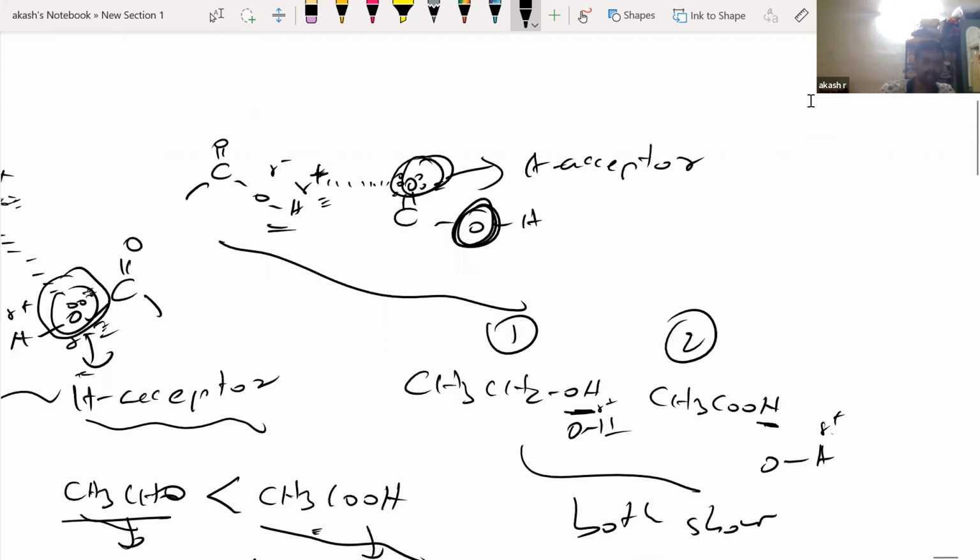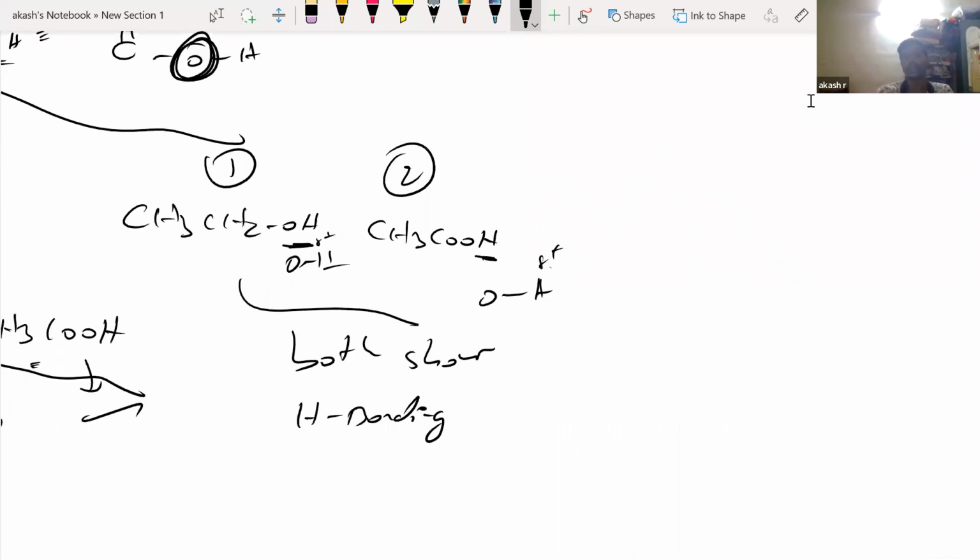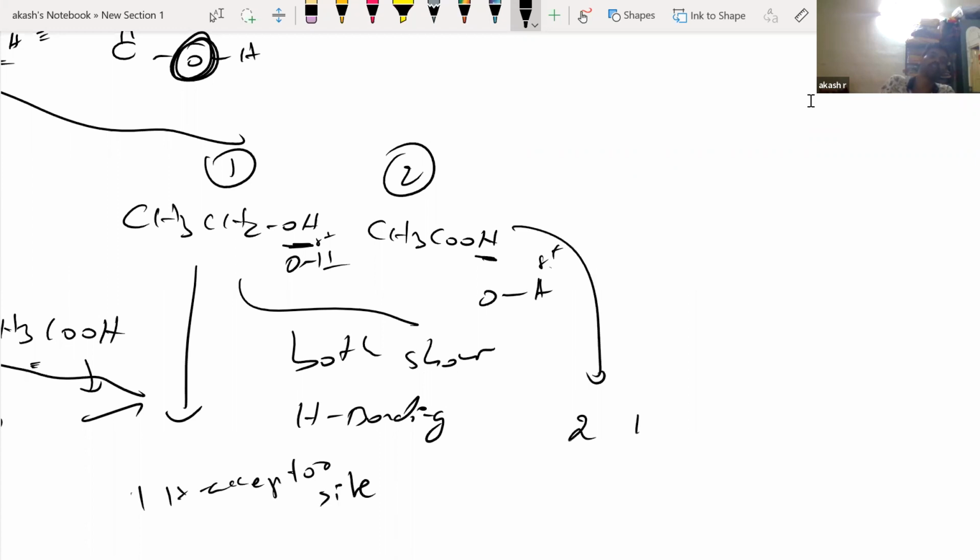But in alcohol, there is only one oxygen atom. So the hydrogen atom can act as a hydrogen donor, and the oxygen atom attached to the hydrogen can only act as a hydrogen acceptor. In the sense that this has only one hydrogen acceptor site, but this one has 2 hydrogen acceptor sites.